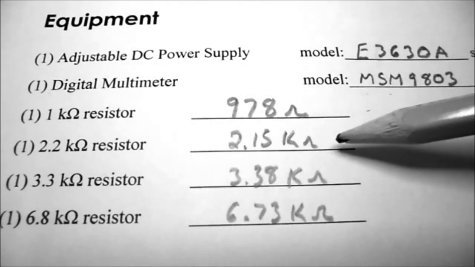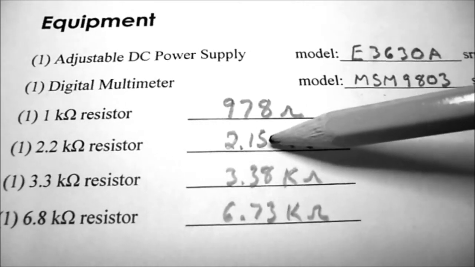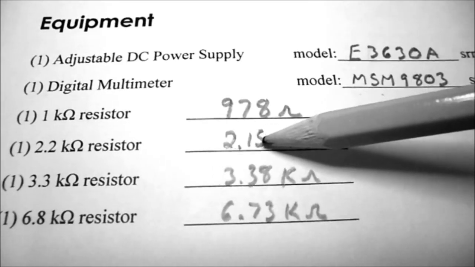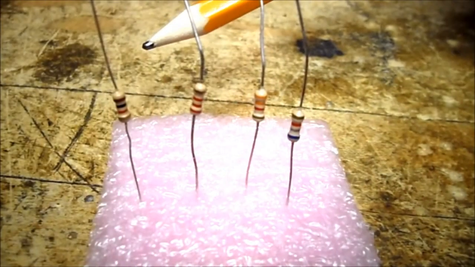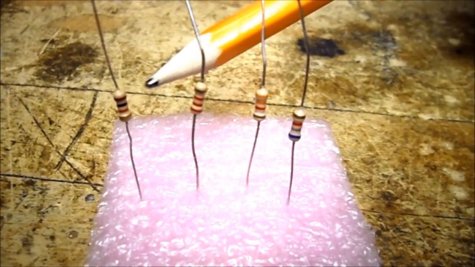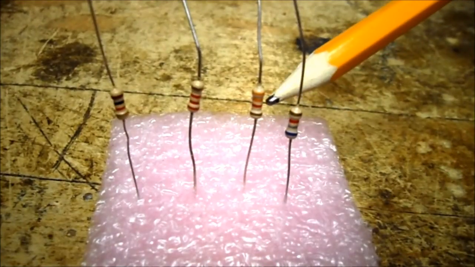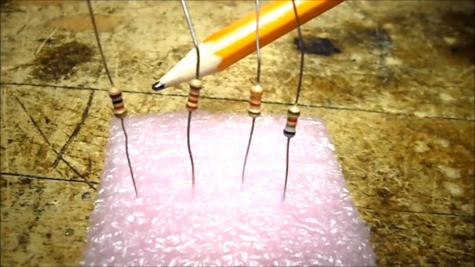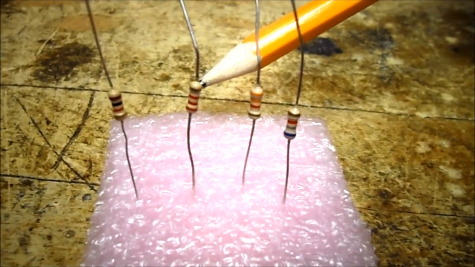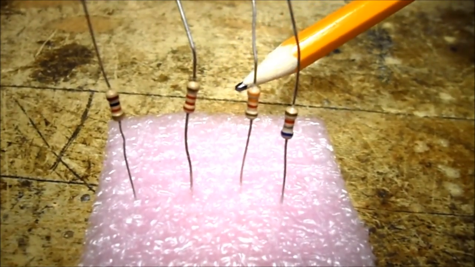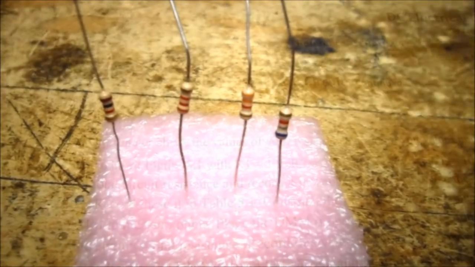I've recorded the values that I measured for each of my resistors, and I've kept the number of decimal points to 2 to keep them consistent. Now that I'm finished with the measurements, I've placed my resistors in a piece of unused foam so that they don't roll around and I lose them. You can see I'm starting at this side with the 1K, the 2.2K, the 3.3K, and finally the 6.8K.